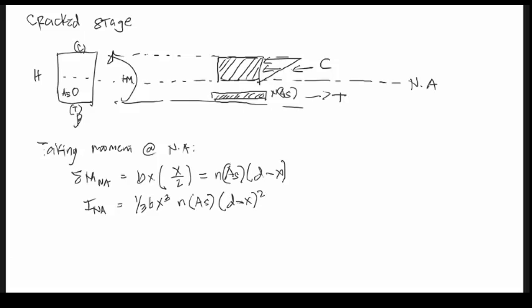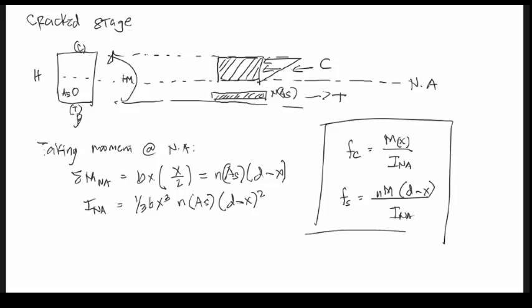Your concrete stress, so that is F prime C, is MC over I. And your stress in steel, that is M, your C over I. So these are your formulas for crack stage.